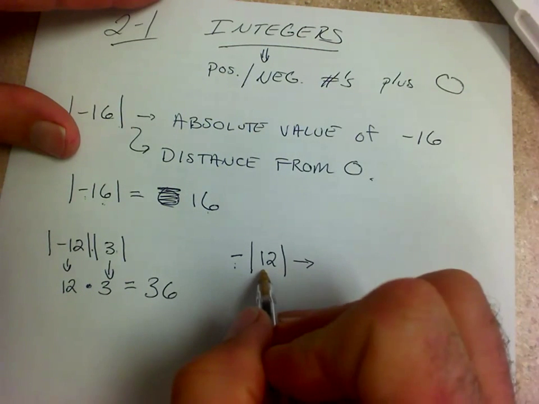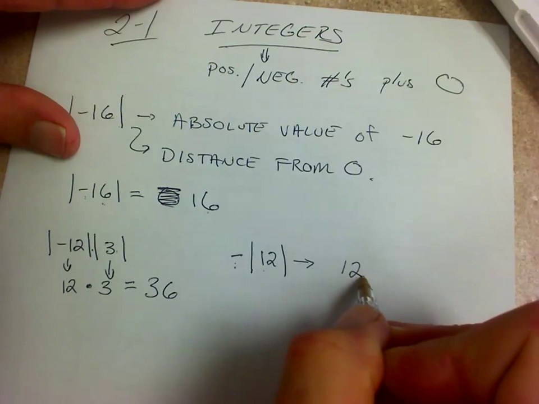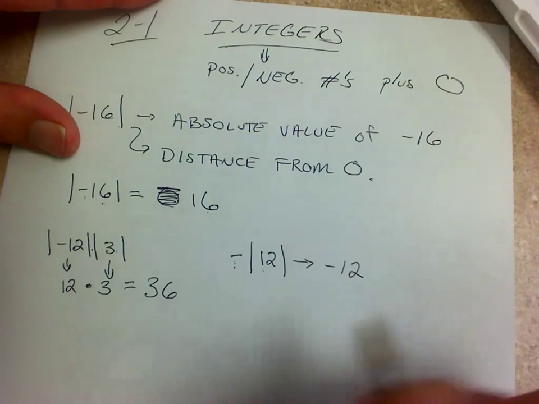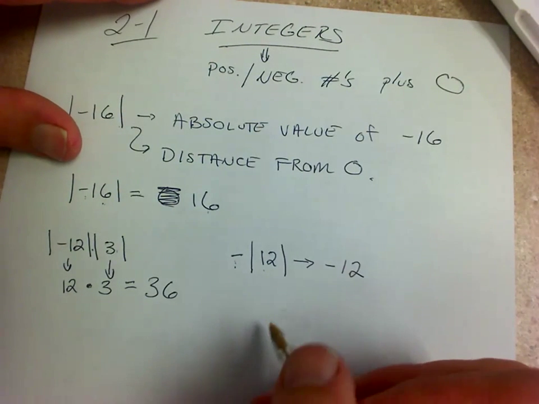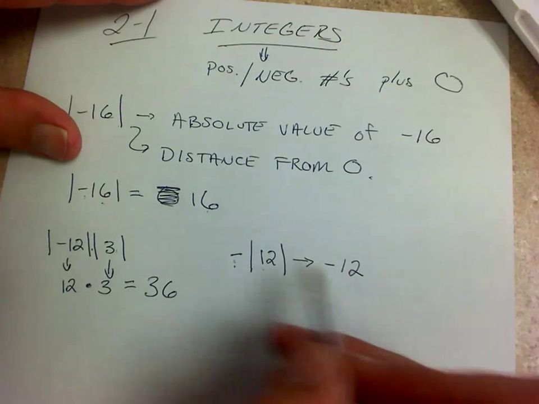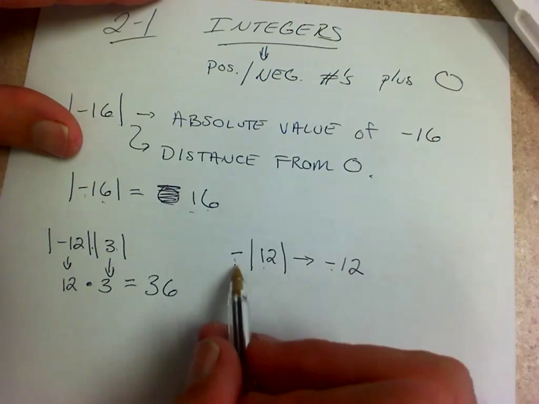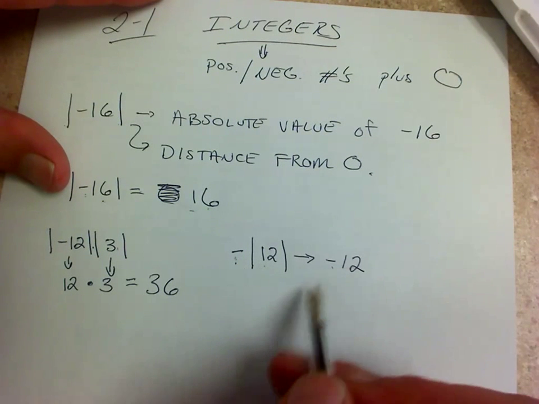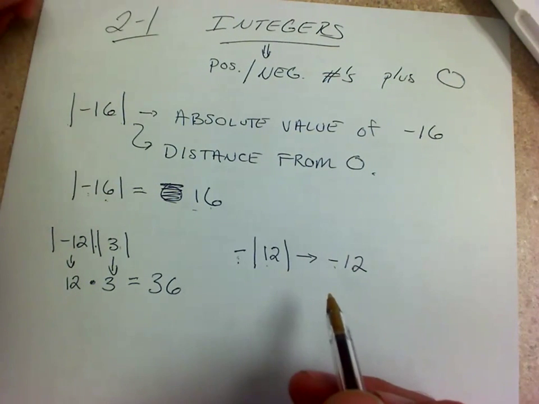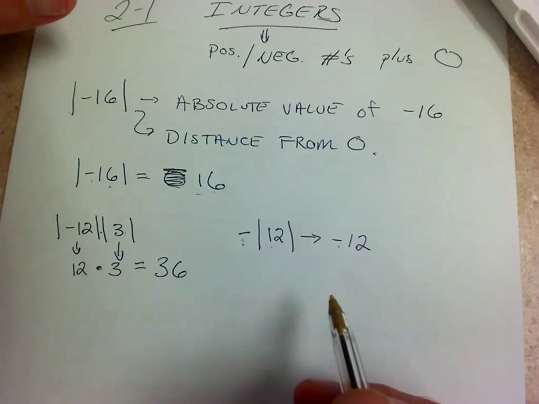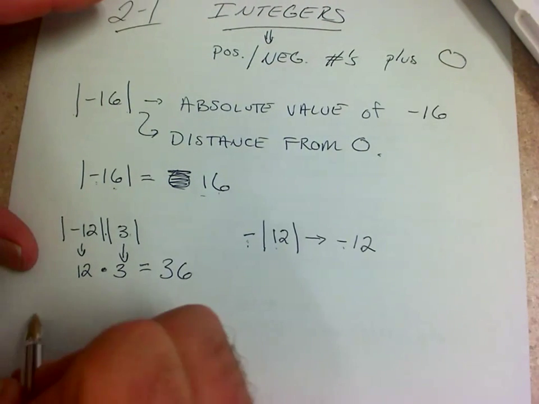The absolute value of 12 is 12, but we've got to carry our negative sign here, because it's out in front, so it gets carried through. It does not disappear like it did up here. Different situation. So carry these negative signs through if they're on the outside. That should get you through some of your homework tonight.